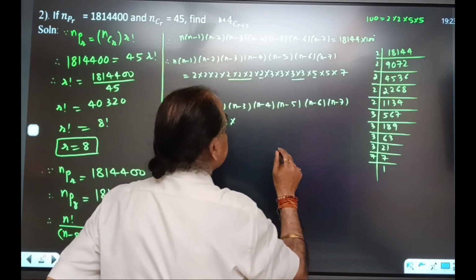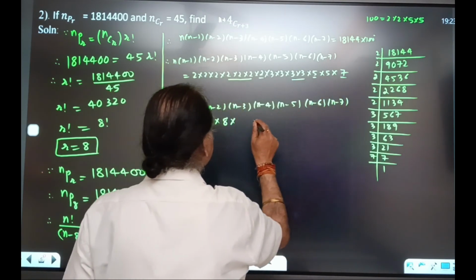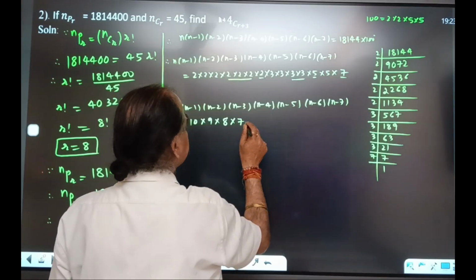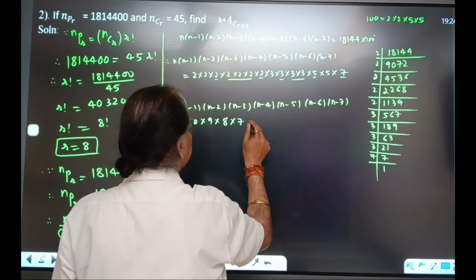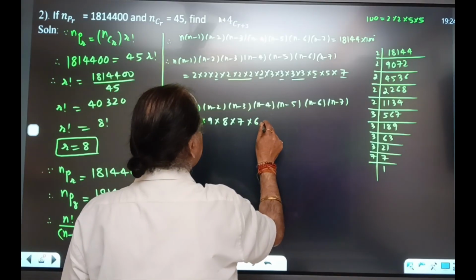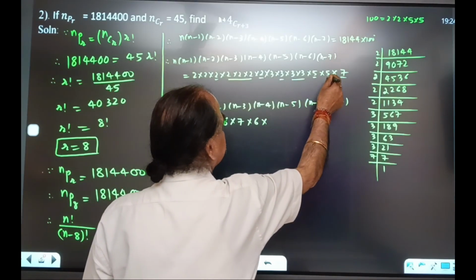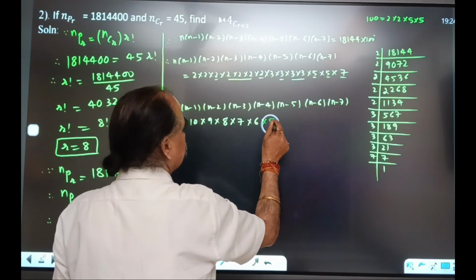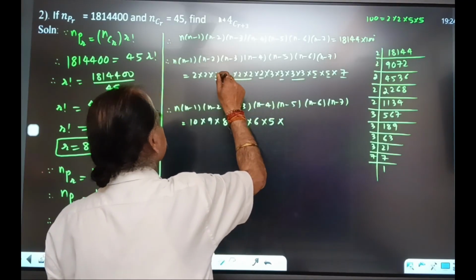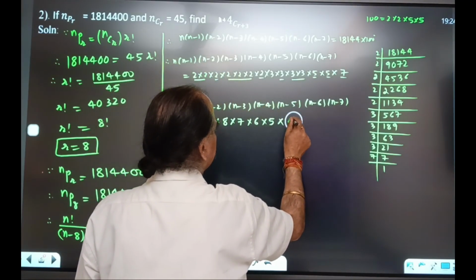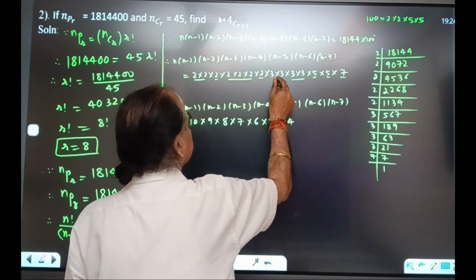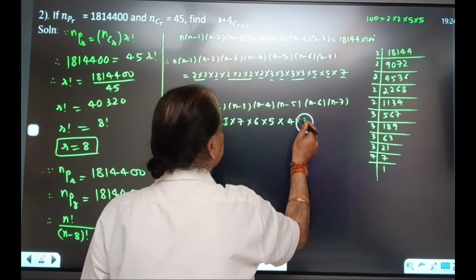After 8, 7 will come, which is there. After 7, 6 comes; a 3 and a 2 you take. After 6, 5 comes, so this 5 you take. After 5, 4 comes; this 4 is there. And after 4, 3 comes; a 3 is left, which is last.